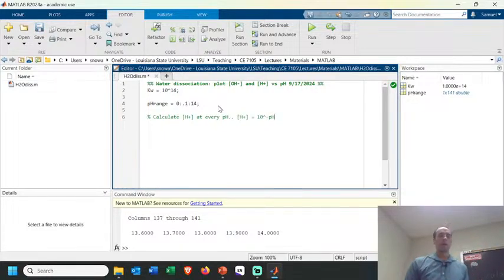So we can do that. We could probably just do some sort of array multiplication and get our answer. I don't like to do that because with linear algebra stuff, multiplying matrices and things like that, it's just not so intuitive for me, so I'm going to use a for loop.